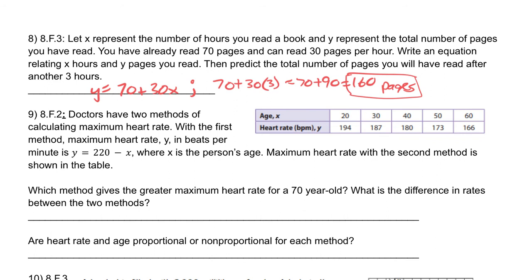So this is going to be pretty easy. This goes up 10, so this would be 70. And then how far does this go up? Oh, no, it goes down, huh? It goes down 7.